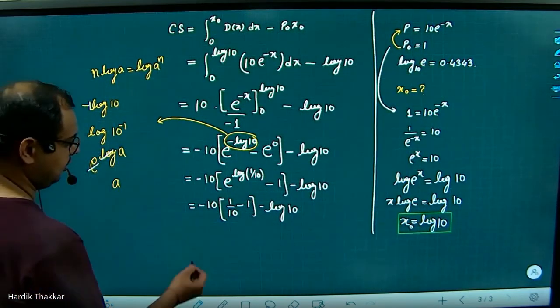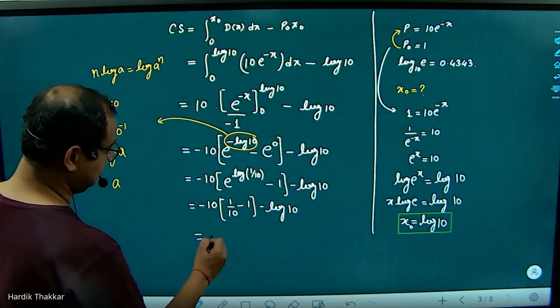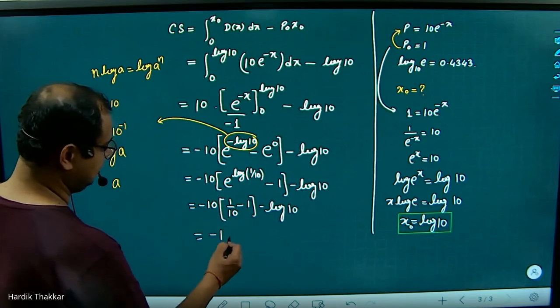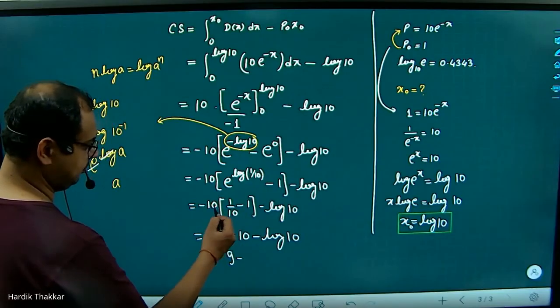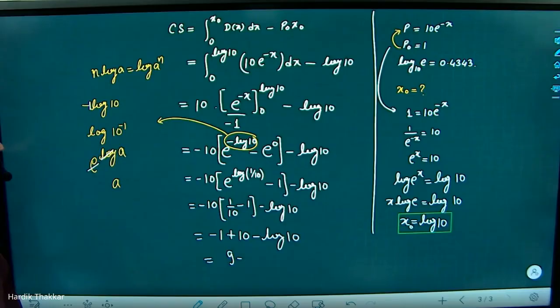Further open the bracket, this term will be minus 1, this term will be plus 10 minus log 10. Please explain this last second step again. When e raised to power log y is there, then e and log get cancelled out and you will get directly y.